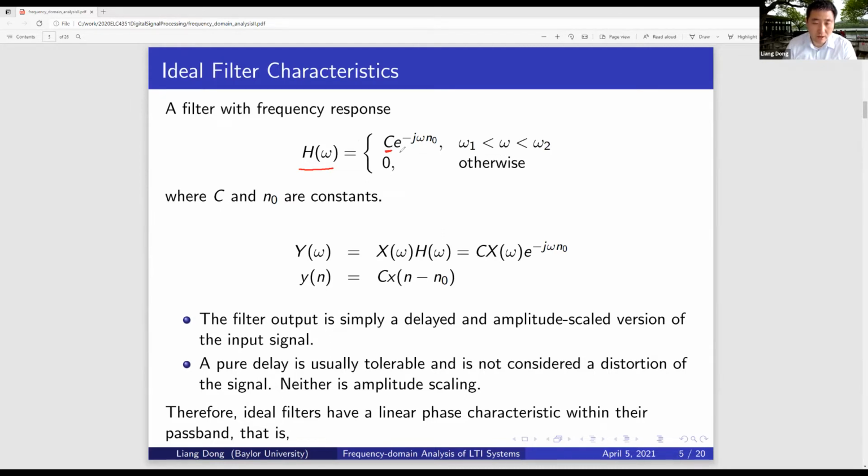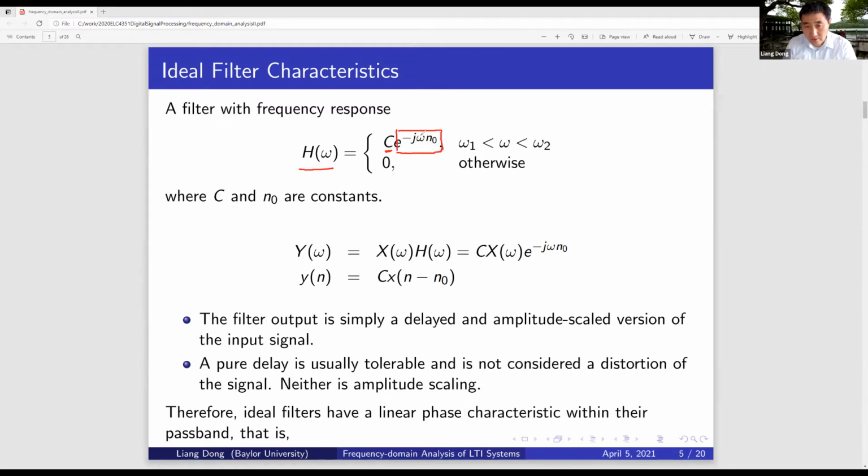But somehow we will have this phase term here as well, because if you check the amplitude or the power, the phase term is gone. But we keep a phase term here, just in general. For an ideal case, this phase should satisfy a condition, and we call this a linear phase system.